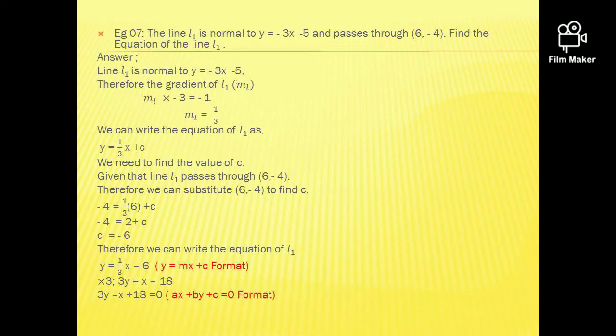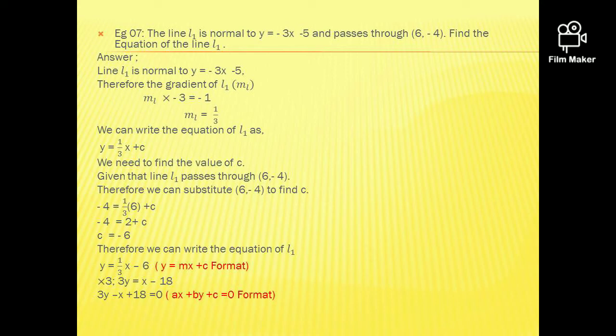Let's try to work out example 7. It mentions a line L1 is normal to another line y equals minus 3x minus 5 and passes through the coordinate 6, minus 4. They ask us to find the equation of line L1. We know that line L1 is perpendicular to the line y equals minus 3x minus 5.